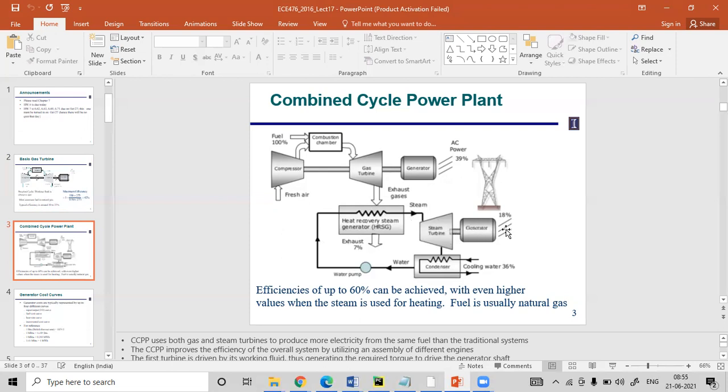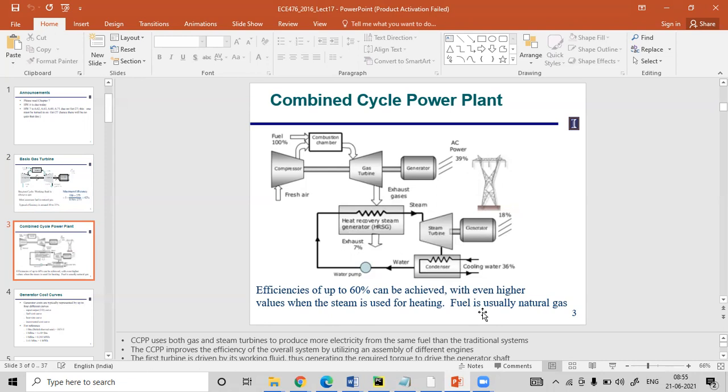This steam turbine is connected with a generator and produces additional output AC energy, right? This means the wasted exhaust gases are reutilized through the heat recovery system, and through this mechanism, efficiency can be improved up to 60%, right?